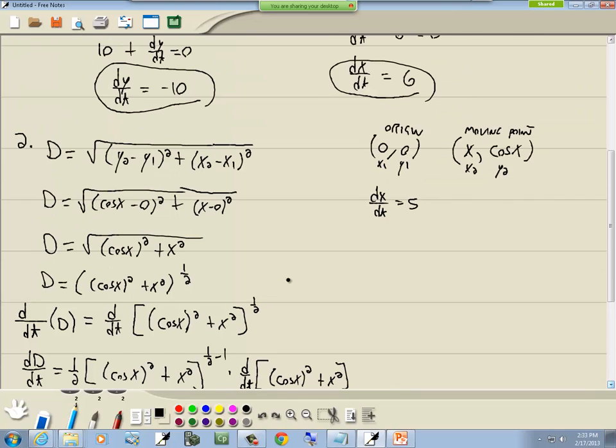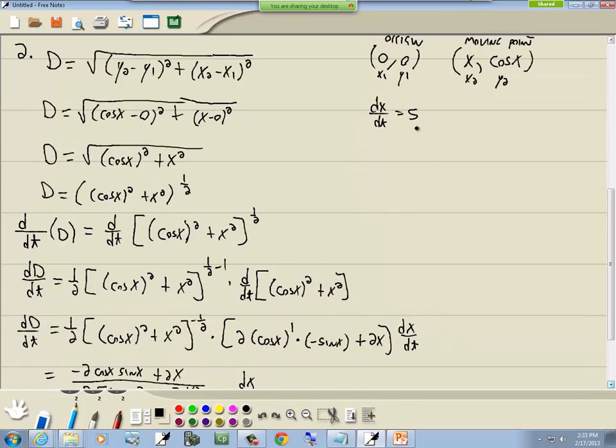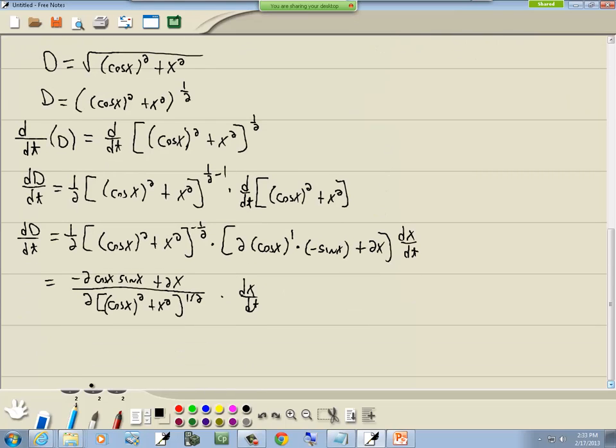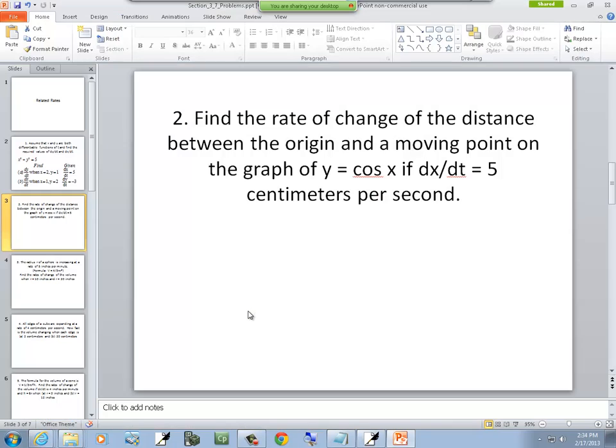Now, the information they're giving us is dx dt, so we can plug that in. They tell us that's equal to 5. And notice how the top part here, they both have 2's, so I can factor that out. And that gives us negative cosine x sine x plus x over 2, and then cosine x squared plus x squared to the 1/2. And we said dx dt, what did we say that was? 5.